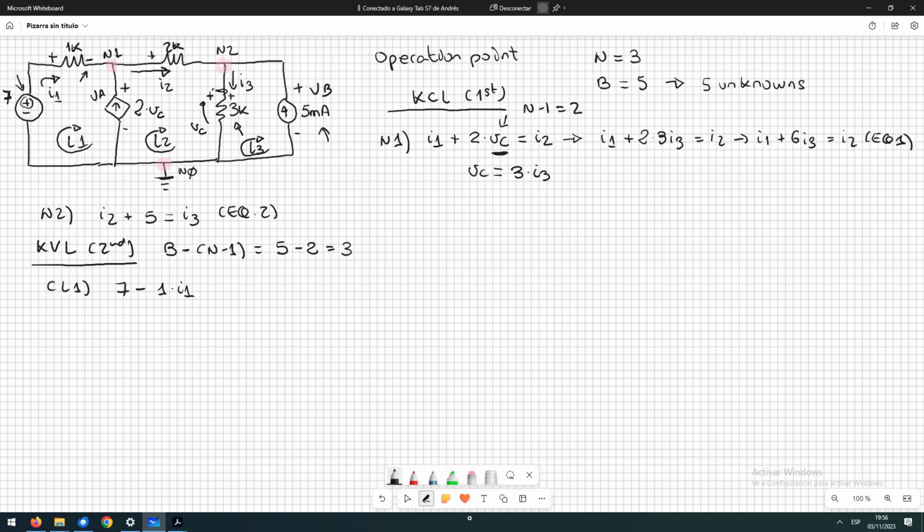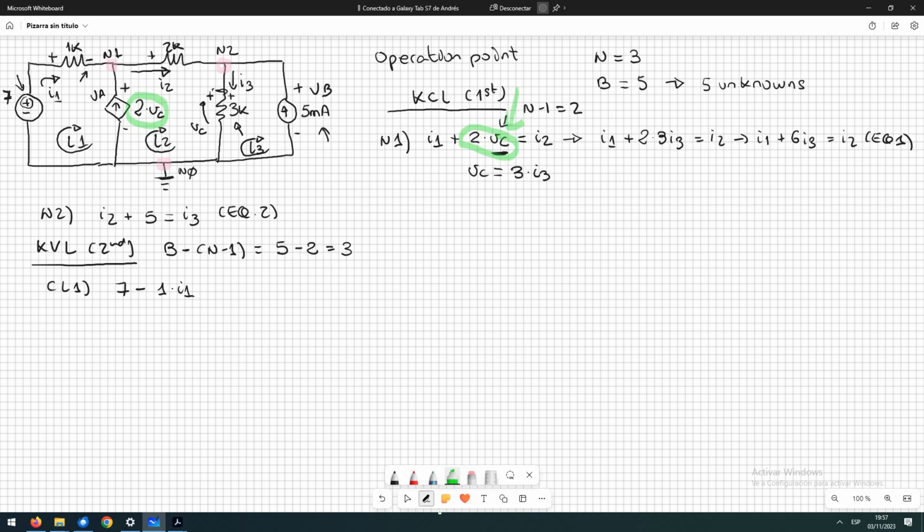Now we have to add the voltage of the controlled current source, and this is important. This is not a voltage. This is the current that the source generates, and we have used this in this equation because it's the current.